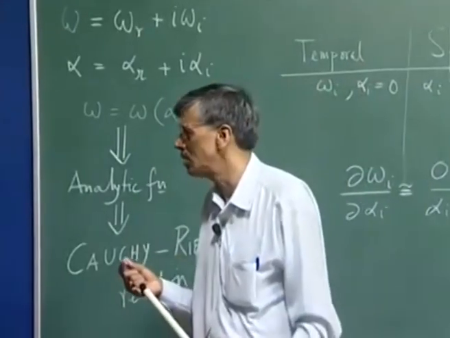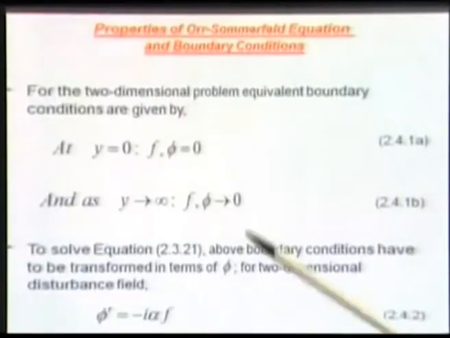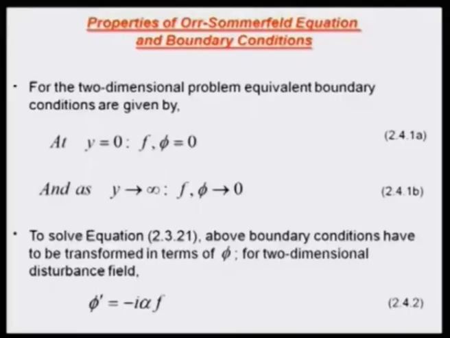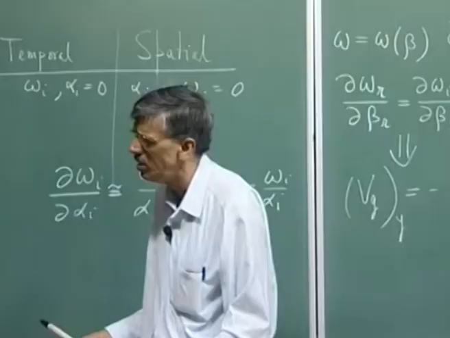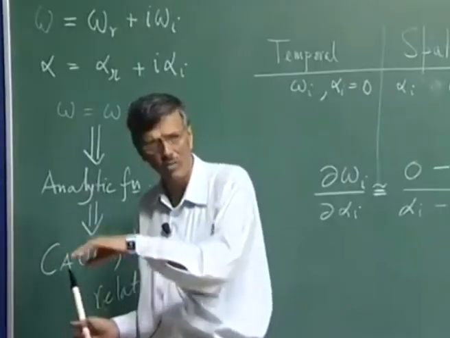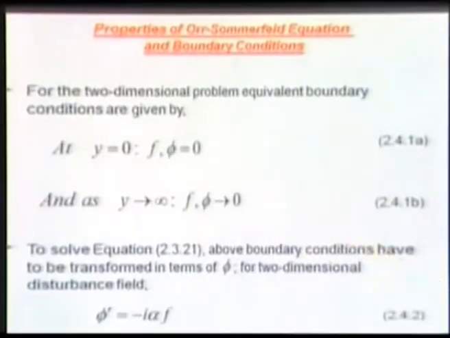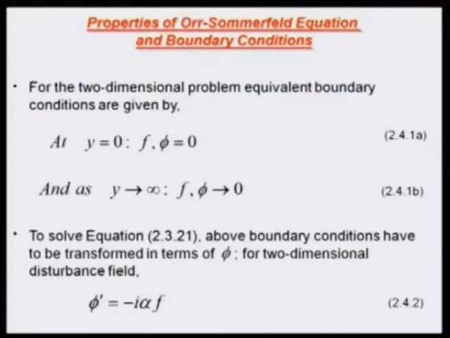So, let us explore what those boundary conditions are and what they imply. This is given that at the wall, suppose I am talking about flow past a flat surface or a surface of mild curvature, then I can define my x axis along the surface. That would correspond to y equal to 0, and on that surface you have 0 disturbance velocity.